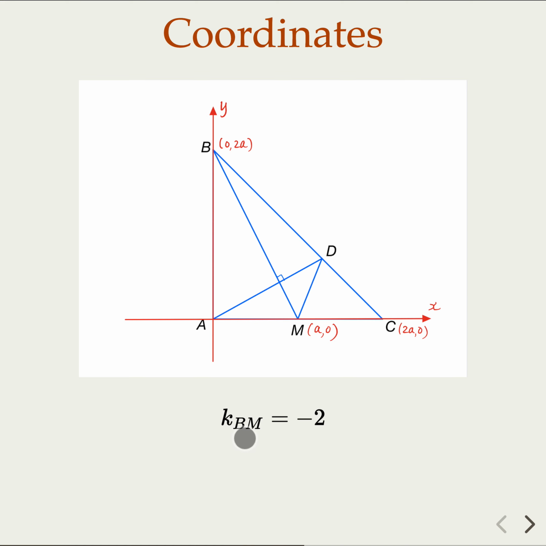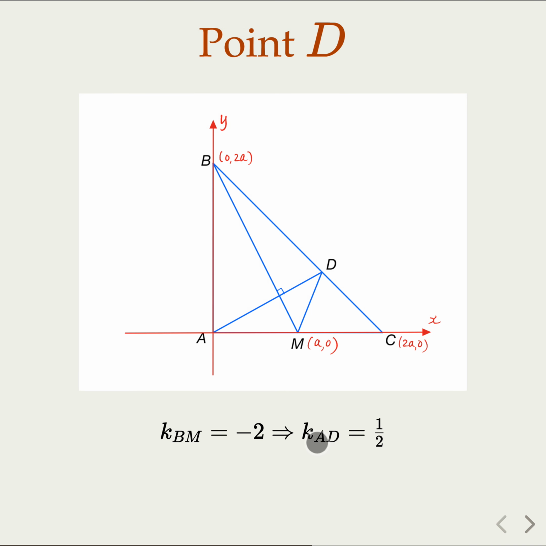So we know that k, the slope of the straight line BM, equals -2. So the slope of AD, because it's perpendicular, would be 1/2.